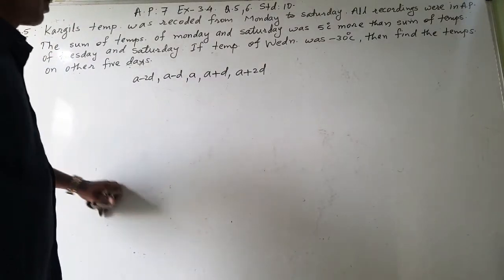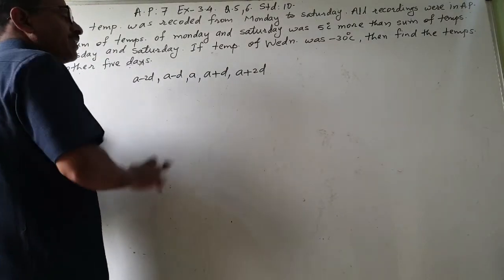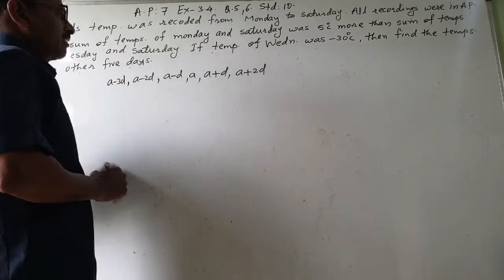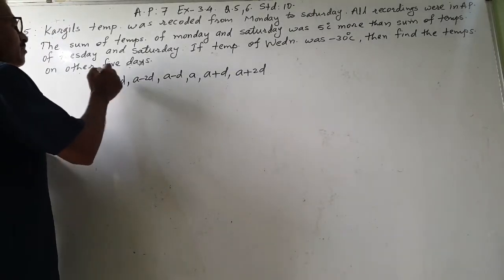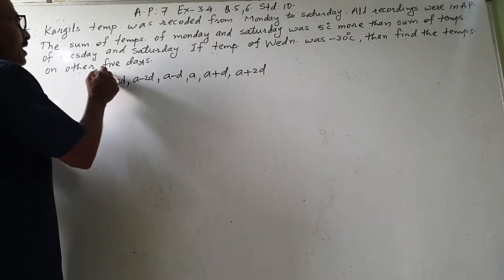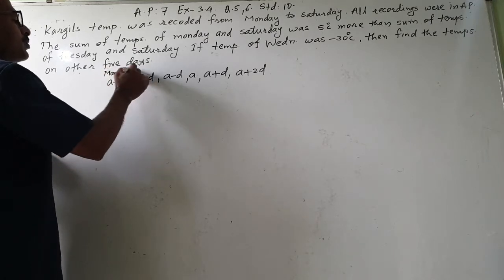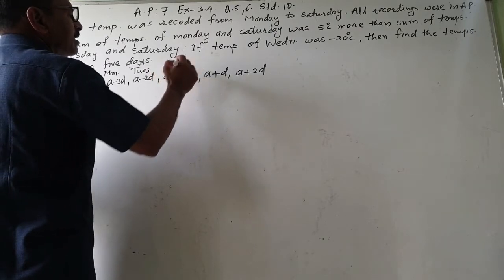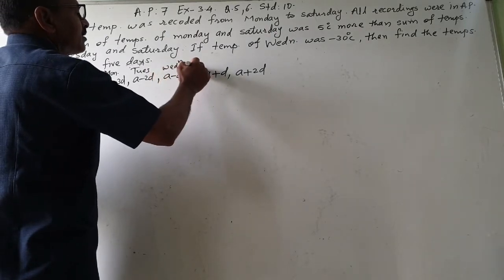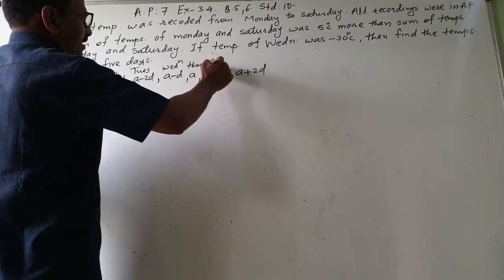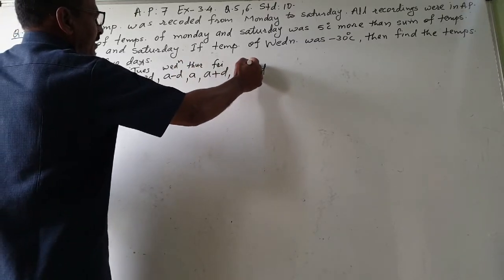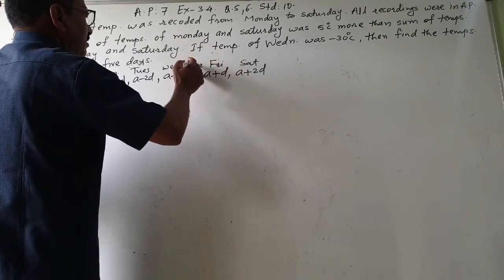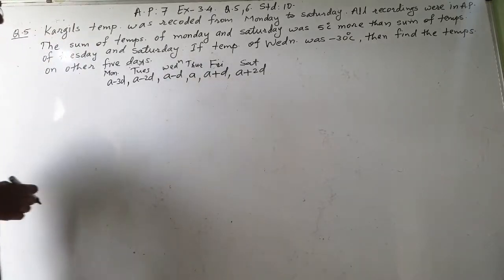For the odd numbers, we are saying the difference should be D. And here I have taken A minus 3D. All arrangements are possible. So this will be Monday, Tuesday, Wednesday, Thursday, Friday, and this will be Saturday. The names should be in capitals. This way it will be.